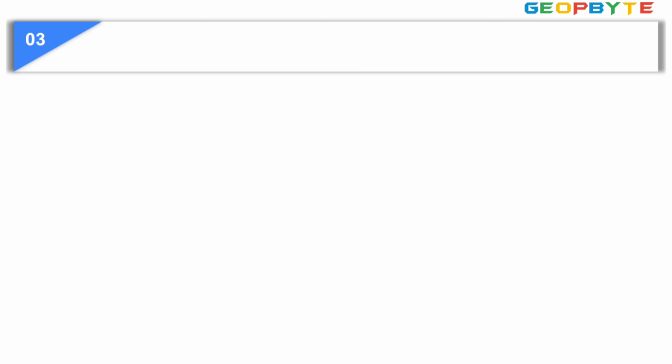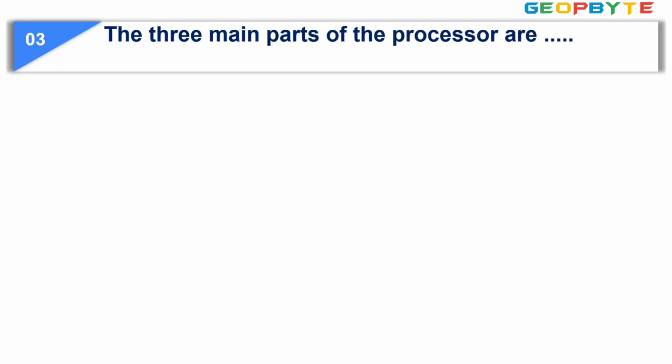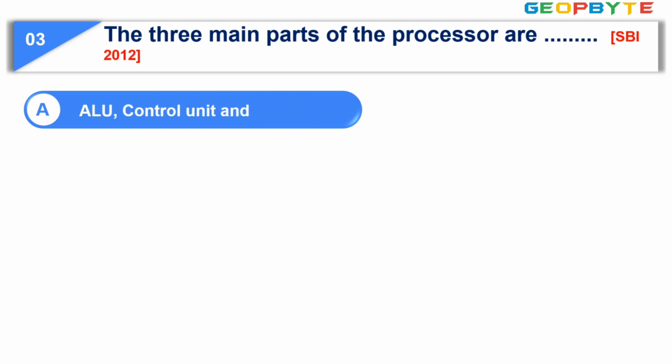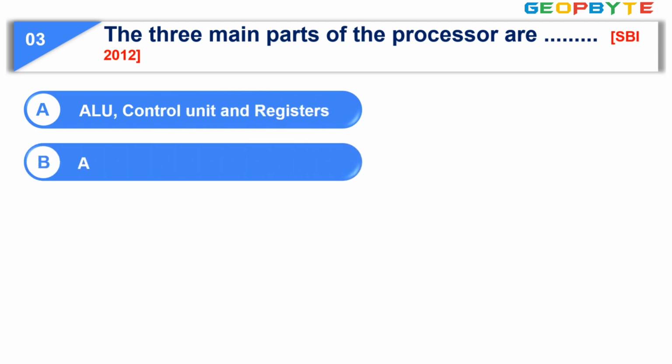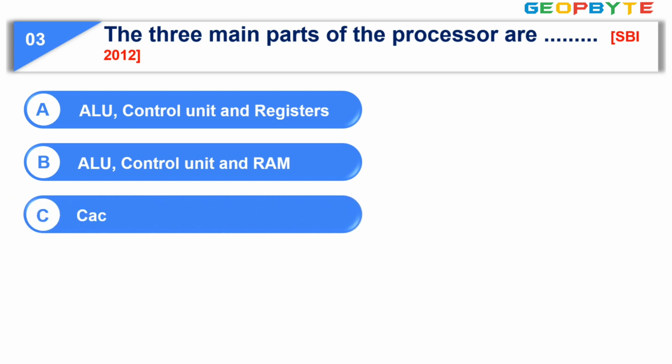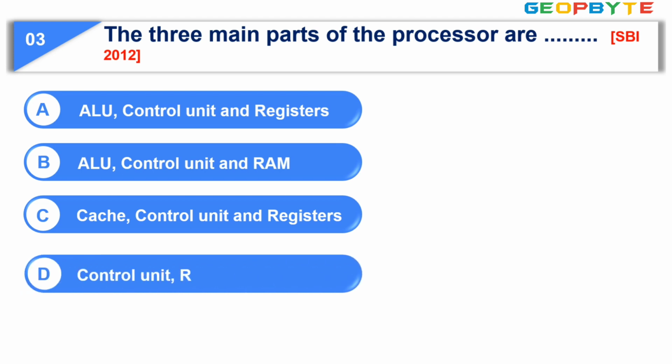Next, moving to question number 3. The three main parts of the processor are: option A, ALU, control unit and registers. Option B, ALU, control unit and RAM. Option C, cache, control unit and registers.